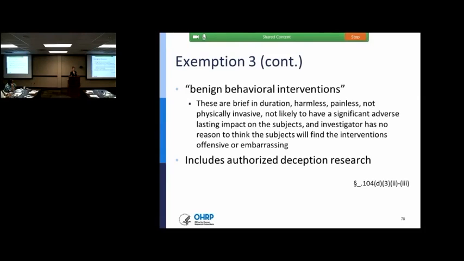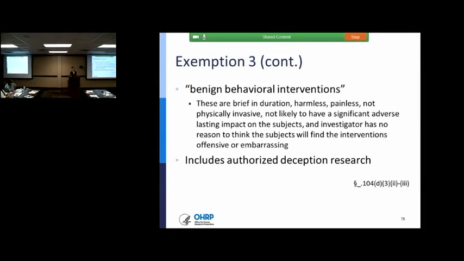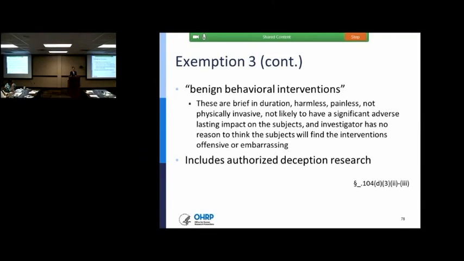So that's a pretty specific set of expectations, although, as Ivor mentioned already, deciding what's brief, what's not likely to have significant adverse lasting impact, these are things that reasonable people can discuss, right?